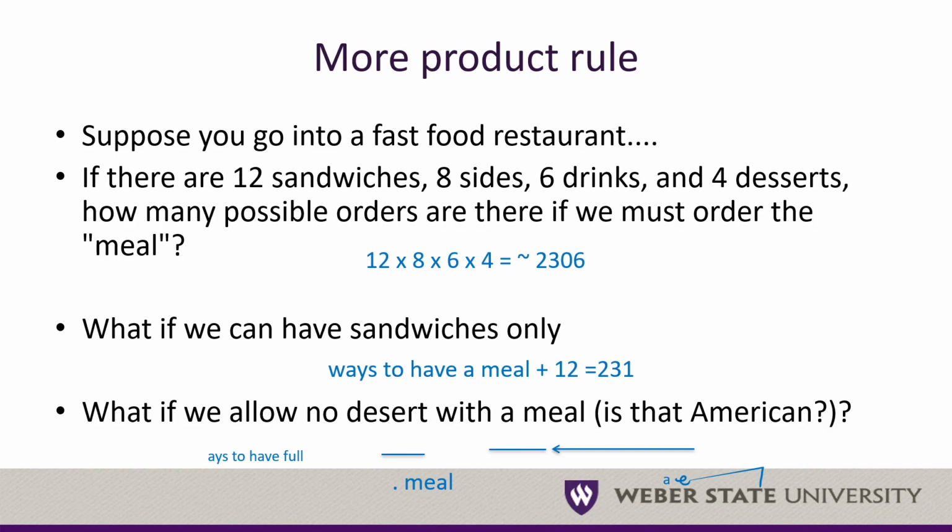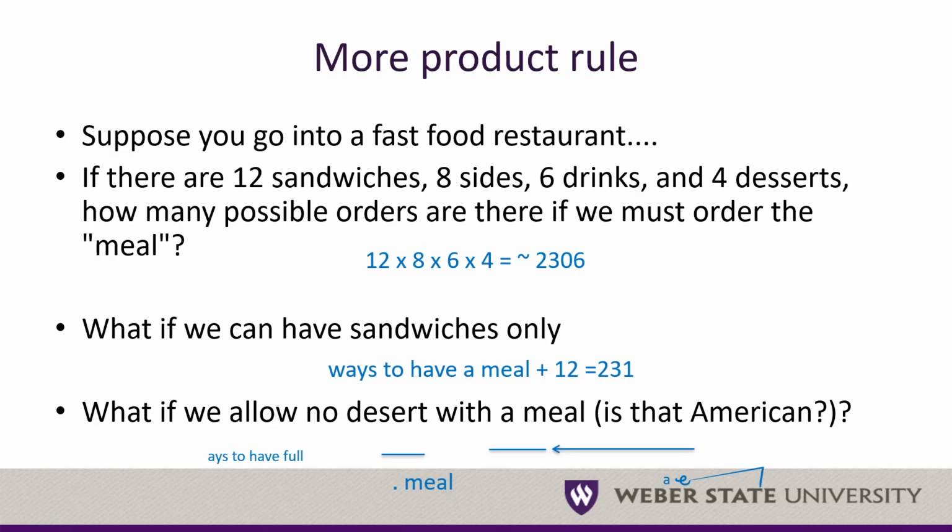So it'd be ways to have a full meal. Well, I will fix the slides because this is getting kind of hard to do. But anyway, the meals didn't change.